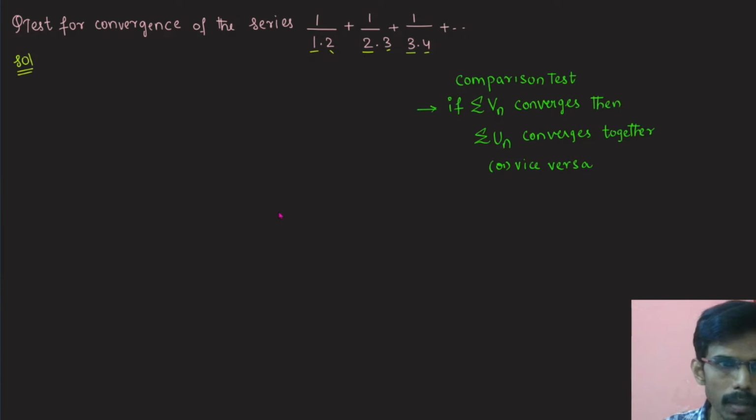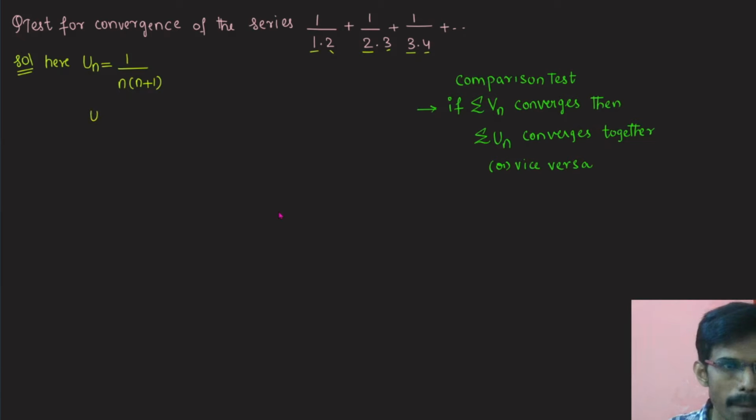So the general term here is denoted by un, as numerator is 1. If I take this 1 as n, then 2 will become n plus 1. Here we got the general term.